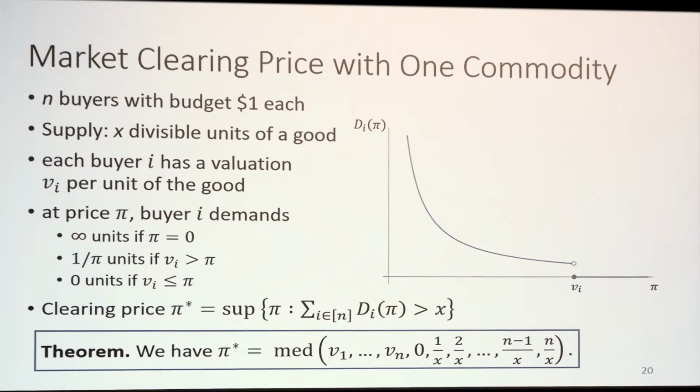At least when I first realized this, it seemed pretty magical. I don't have time to show you why this is, but it works out. So there's this connection between the uniform phantoms rule and clearing prices in this very simple market.